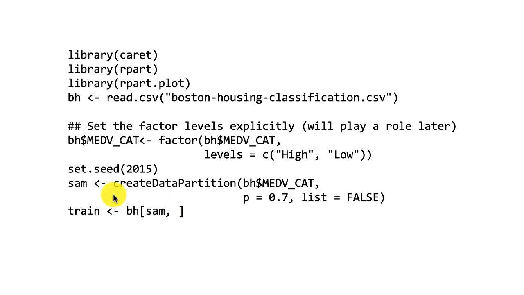Once we have that, SAM is just the row numbers of the selected rows, and we can therefore say train is BH of SAM, comma, so only the rows in SAM but all columns, and all the rest going to test. So BH of minus SAM, meaning anything other than what is contained in the vector SAM, will all go into test.